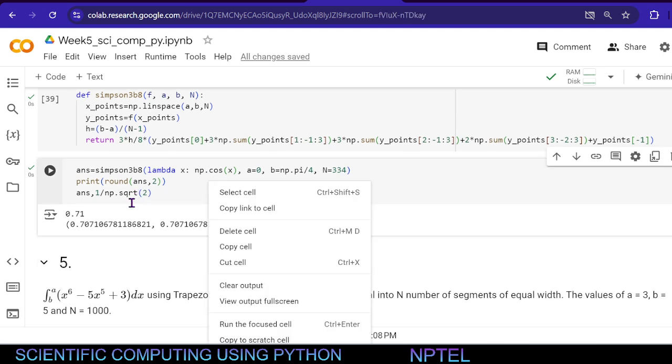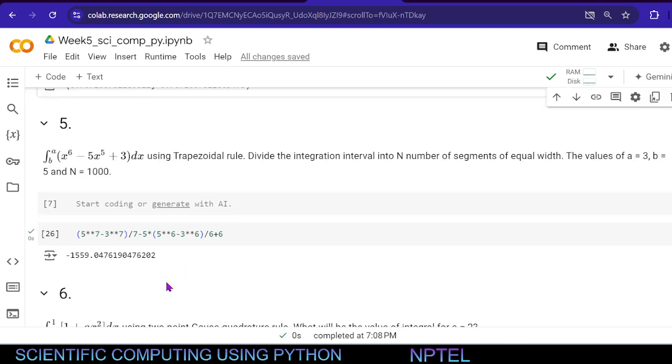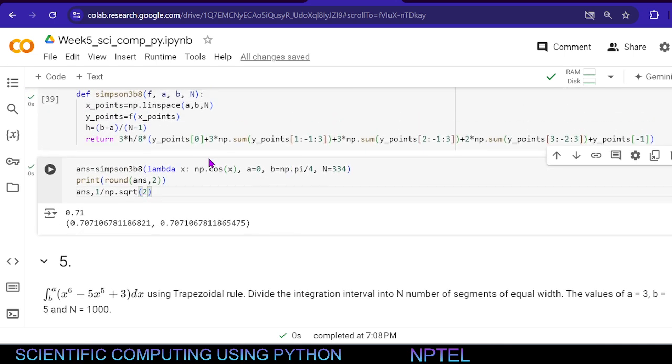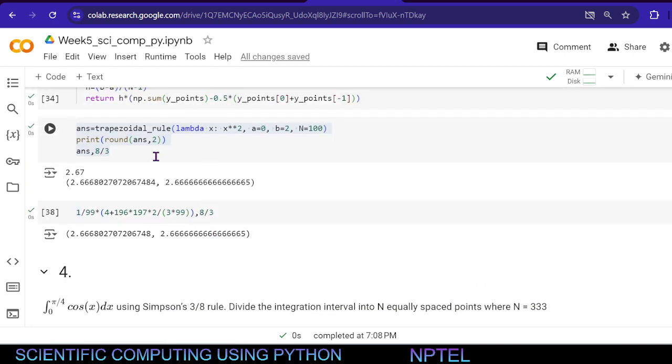Okay, then the next question. Again, some different function is given. We have to find the integral using trapezoidal rule. So we have already done this. We just need to change the limits and the function. So let me copy this.